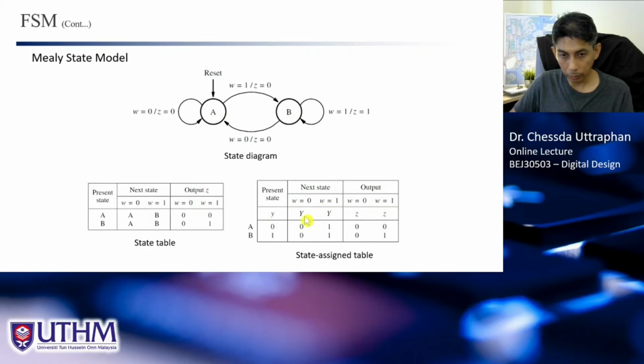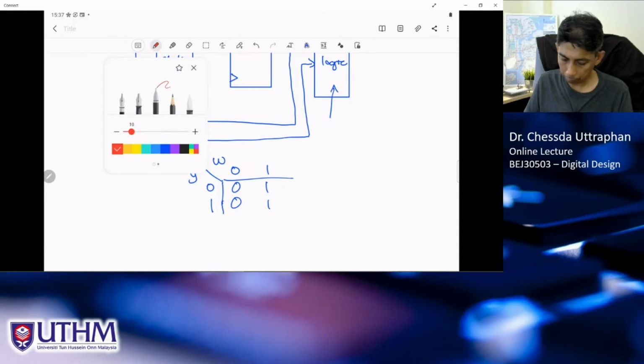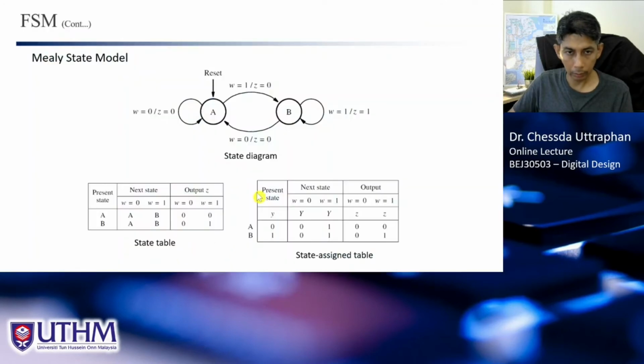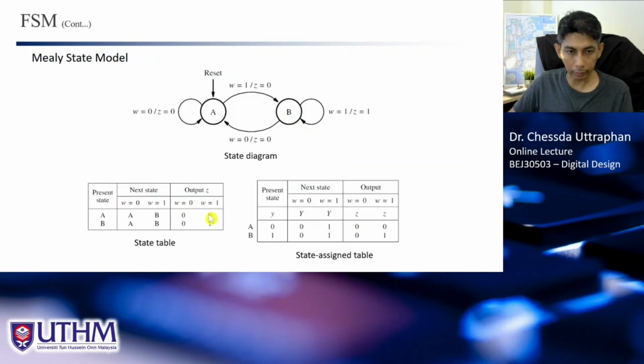So you have 0, 0, 1, 1. So this is 0, 0, 1, 1 in your map. So you have Y should be equal to, what is this? W, right? That's why you have Y equal to W. And what about Z?